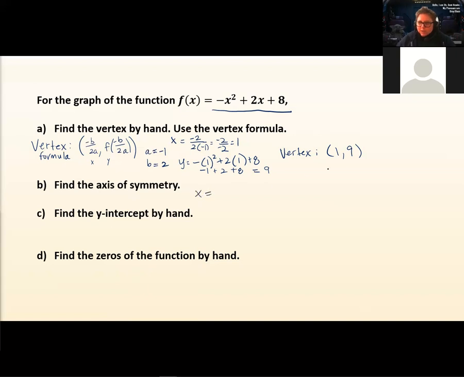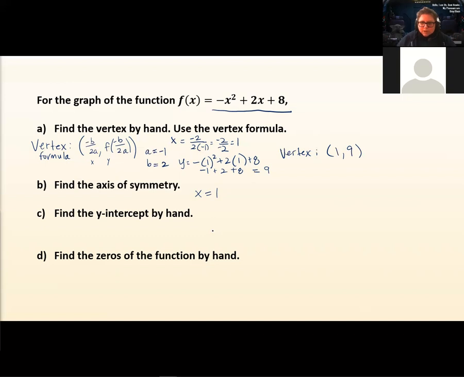So x equals, and which value of the vertex, the x or the y? The x will be flipped. So just x equals 1, right? So you get that from the x value. And that would be it for the axis of symmetry.